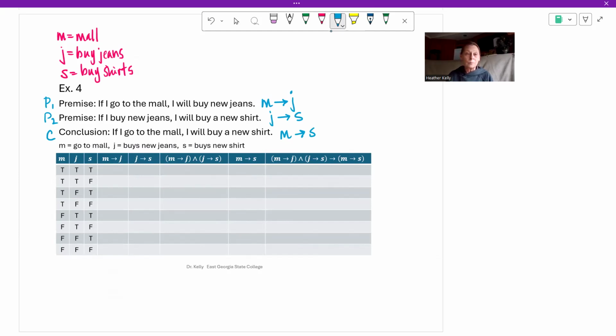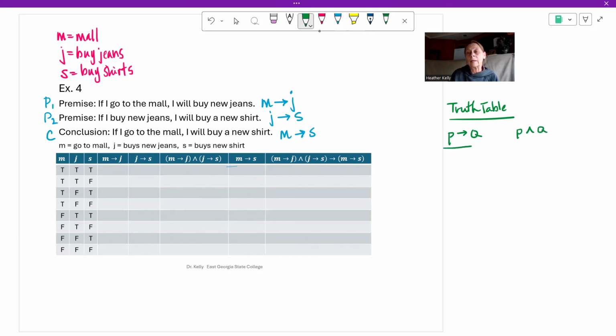Okay, and then we're going to use a truth table to see if this is actually true or not. All right. So again, we're going to lean on 2 things here. We're going to lean on the truth table for the and, and the truth table for the conditional.